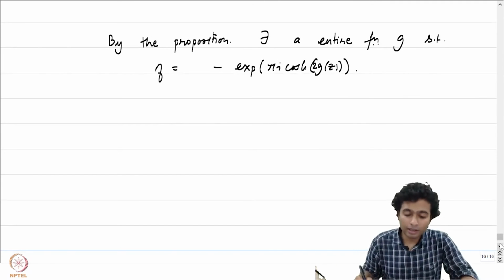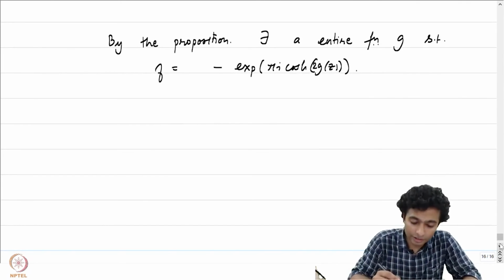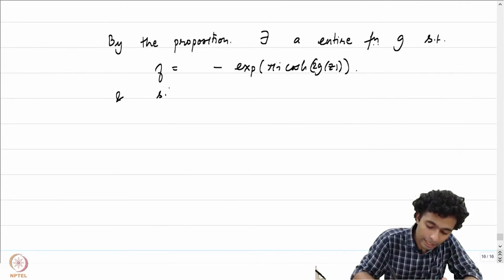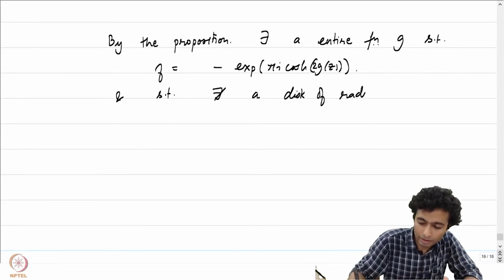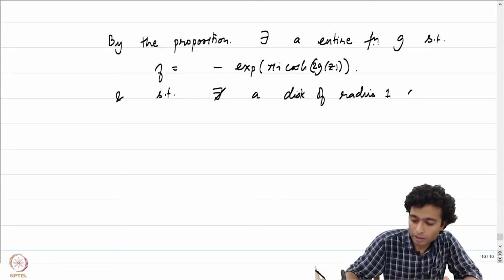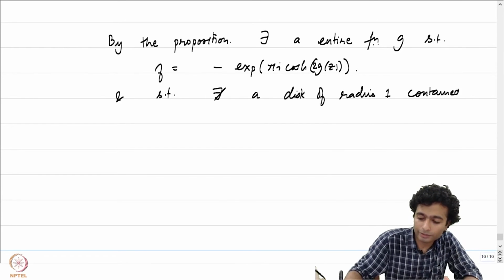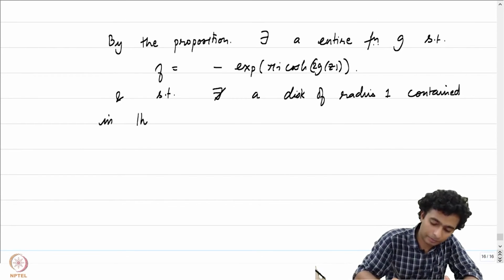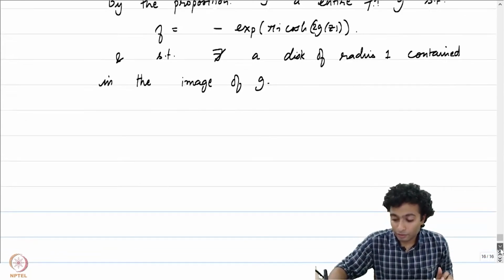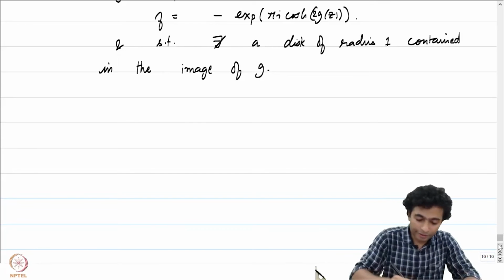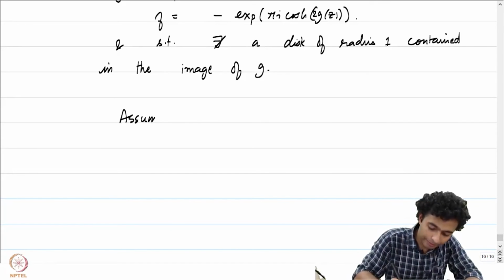Not only is it a function which satisfies this condition, but also there does not exist a disk of radius 1 contained in the image of g. Let us assume that f is non-constant. Now we are going to come to a contradiction.